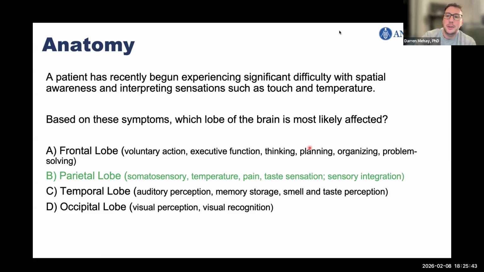The temporal lobe, which I remember because it's right next to your ears, handles auditory perception, with some memory storage and smell and taste as well. And the occipital lobe, the back of your head, is where you get visual perception and recognition.